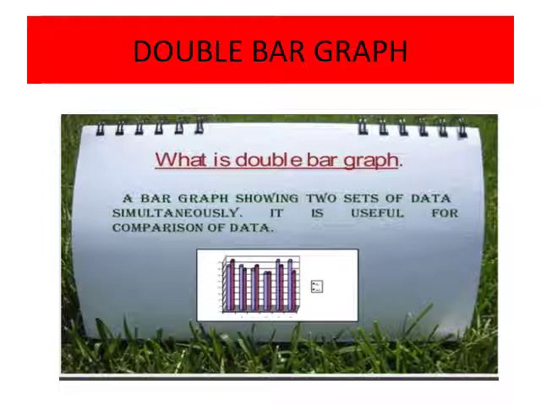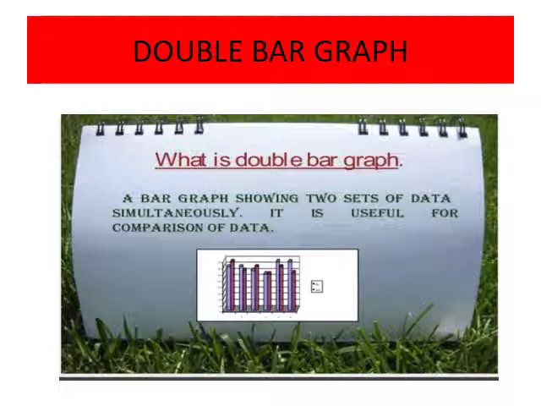That is, it shows two sets of data simultaneously. A bar graph showing two sets of data simultaneously is useful for comparison of data, or it helps us to compare two collections of data at a glance.